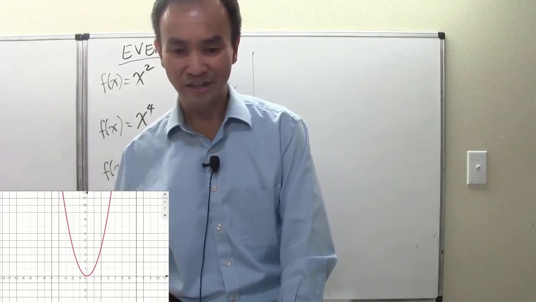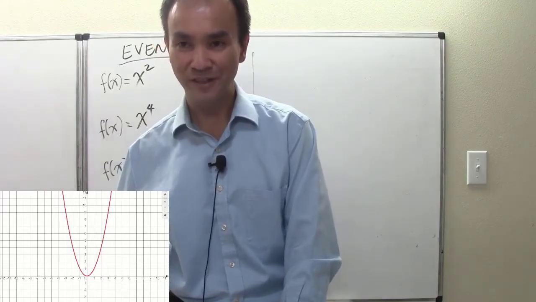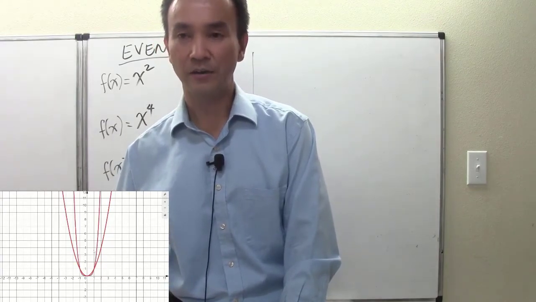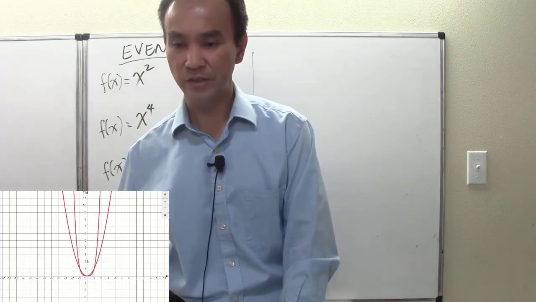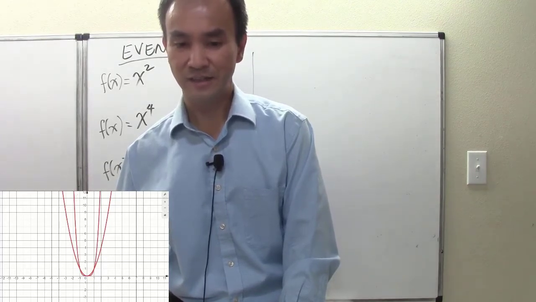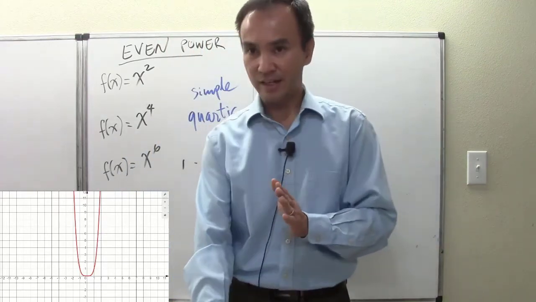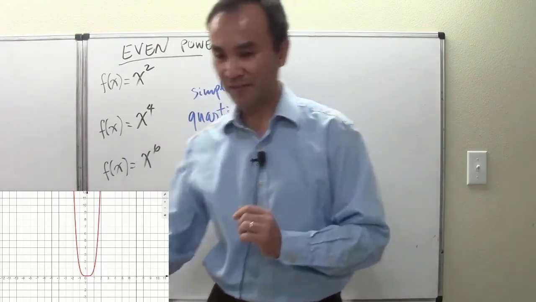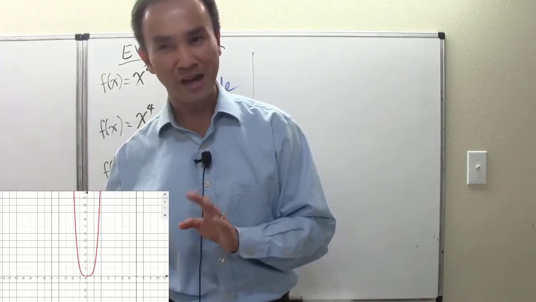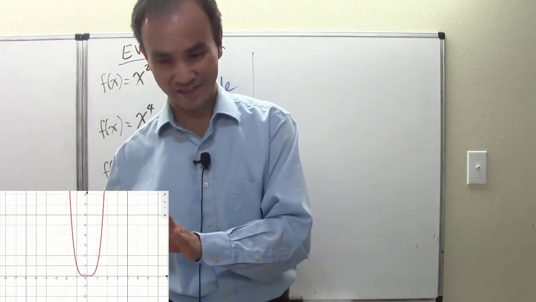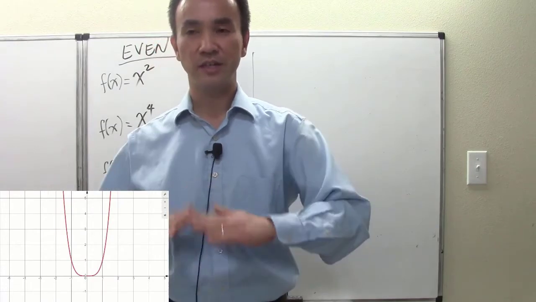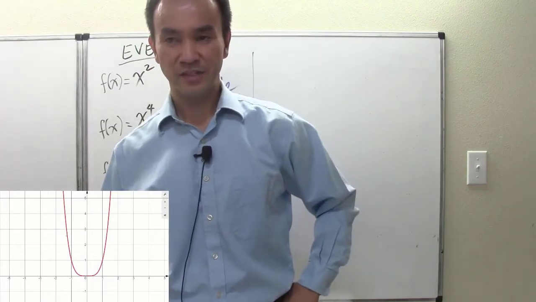Let me now bring in the x to the fourth on the graph. This one here is x to the fourth. Let me hide the x squared. It looks just like the x squared, but now allow me to zoom in on the bottom part where this graph is sitting. This is x to the fourth.